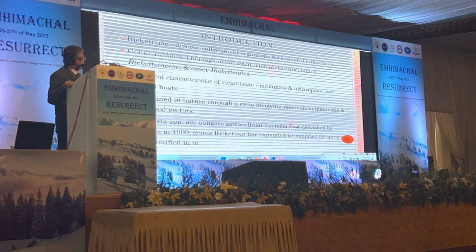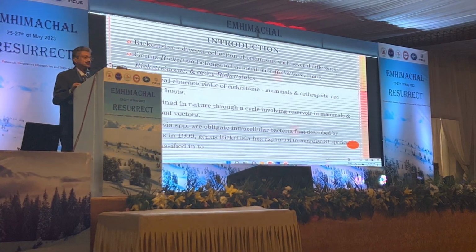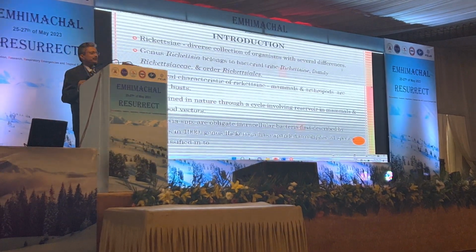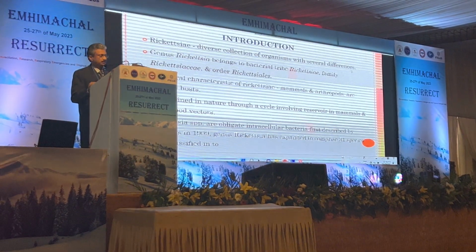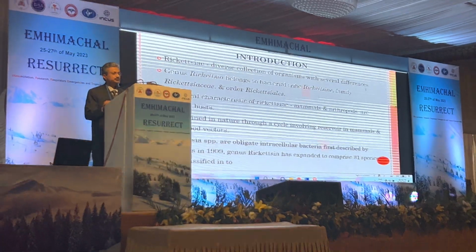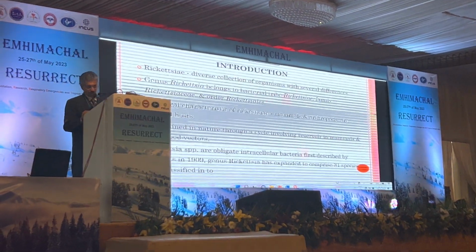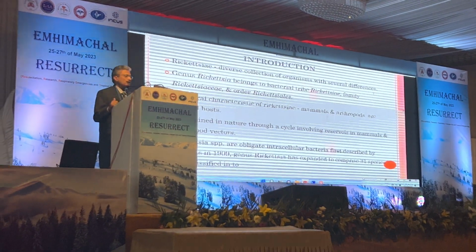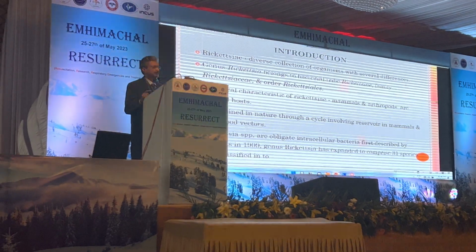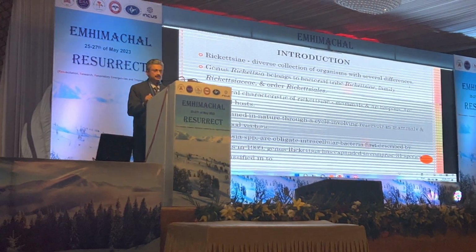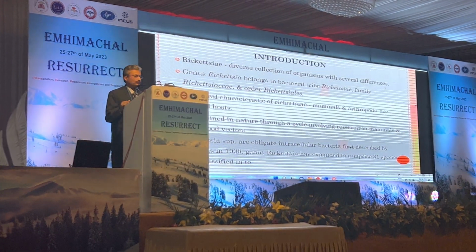So Rickettsia is a diverse collection of organisms. Of course, there are differences in between. Genus Rickettsia belongs to tribe Rickettsieae, family Rickettsiaceae, and order Rickettsiales. The general characteristic of Rickettsia is that in the life cycle there is involvement of a mammal and an arthropod.